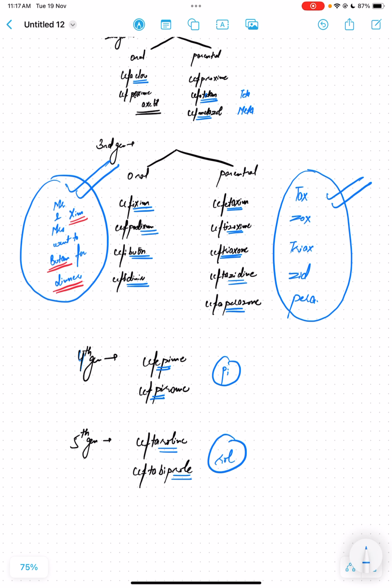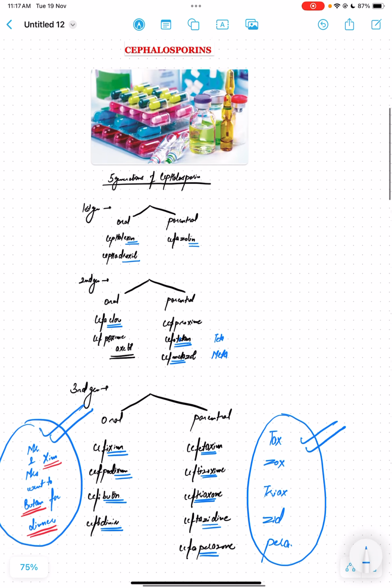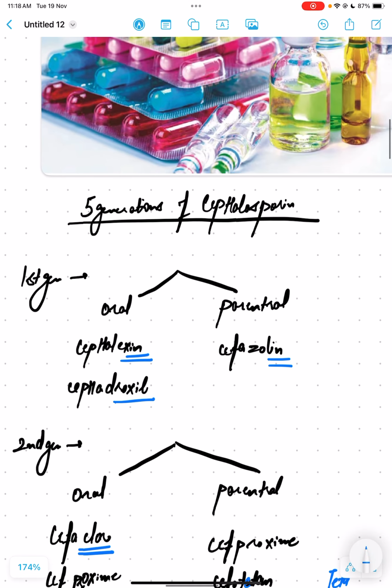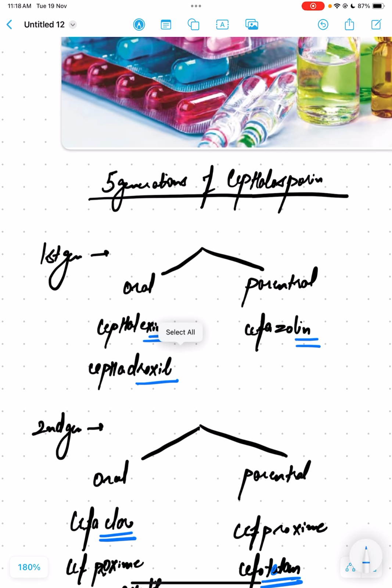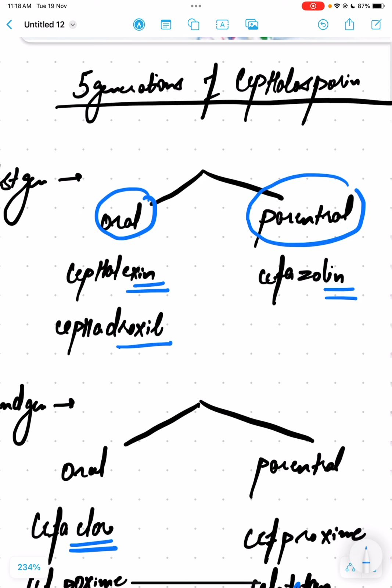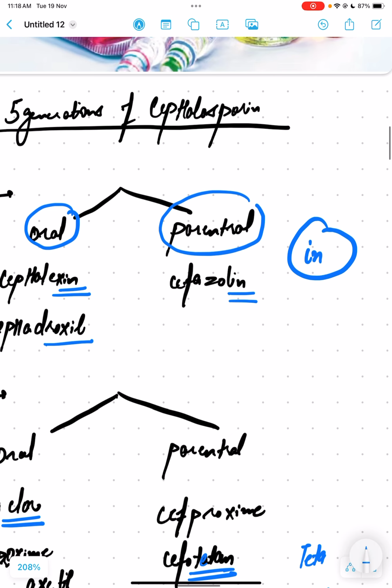Let's begin again. We will study the cephalosporin classification again. In the first generation we have two types of drugs: oral and parenteral. In the oral we have cephalexin and cefadroxil, and in the case of parenteral we have cefazolin. Remember it with the word "in".